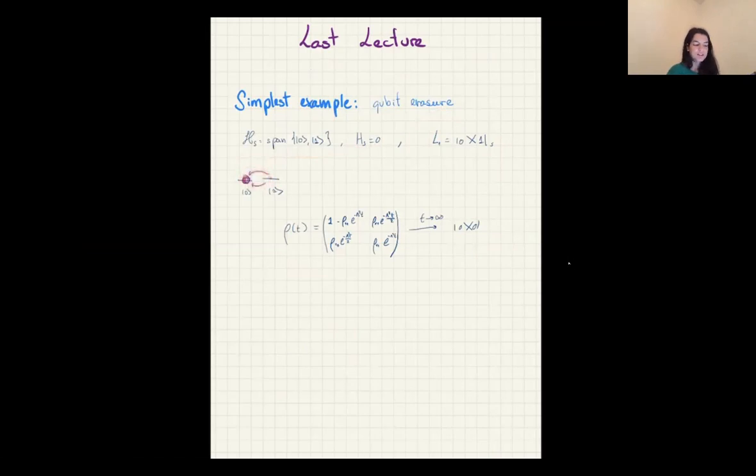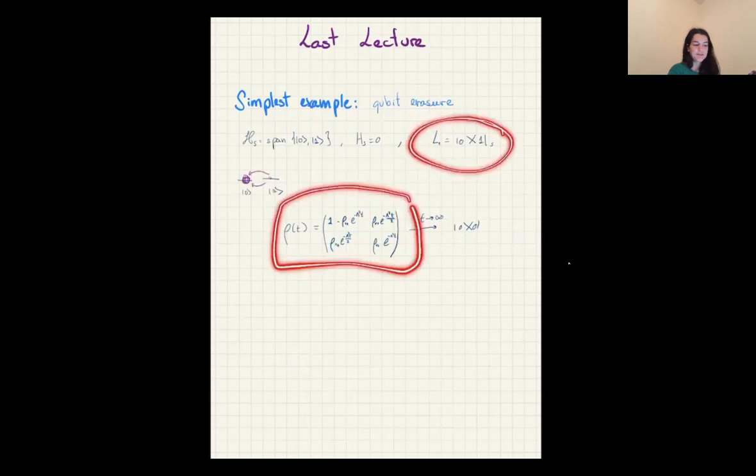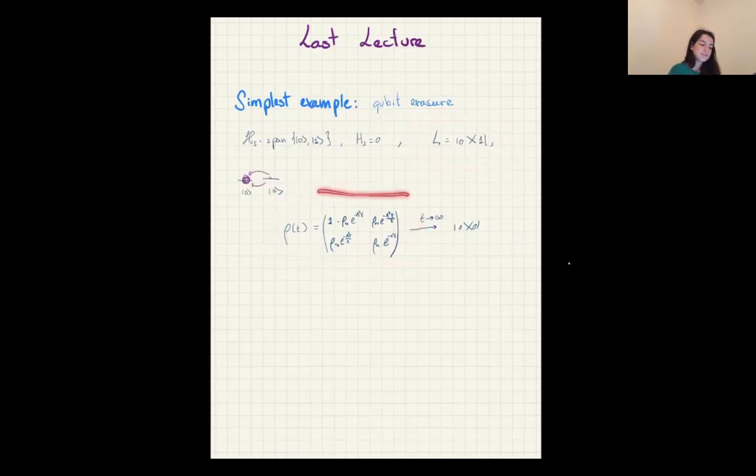So no matter what the initial state was of the density matrix, it could have been some rho 0,0, rho 0,1, rho 1,0, and rho 1,1. It then, at time t, if we plug this into the previous equation, it gave us this. And for time going to infinity, so if we wait a very, very long time, then all of these terms are 0. So it becomes only the state 0 here.